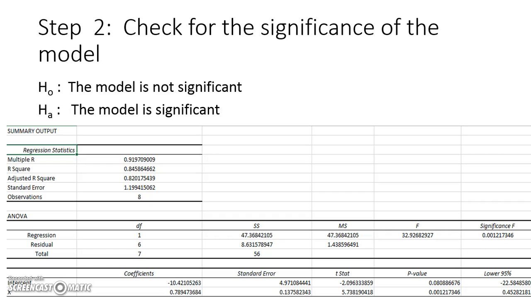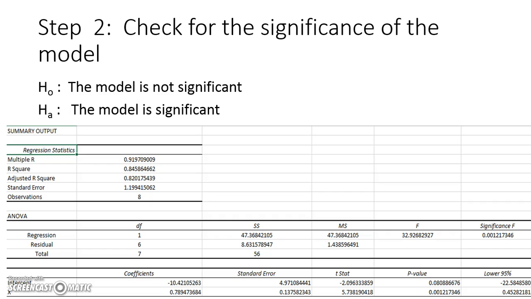Now these two are called the regression coefficients of the line. So the intercept and the coefficient of x are called the regression coefficients of the line. So now we need to check whether this particular equation is significant or not.